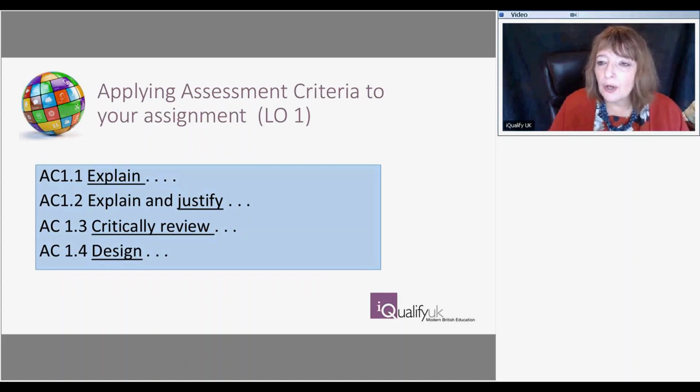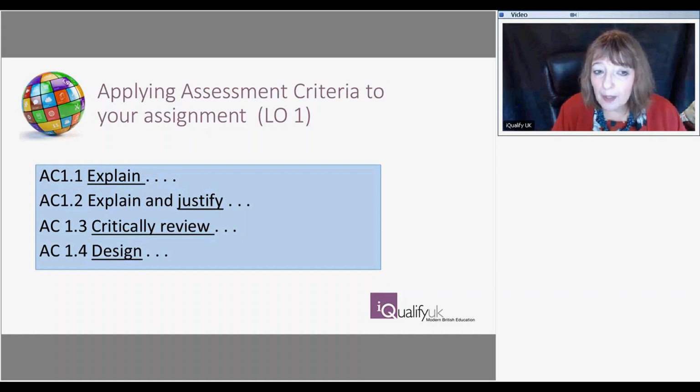Okay, so how are we going to actually use those learning outcomes and the assessment criteria contained within them to apply this to your assignment? Well, the key thing here is looking at what we call the command verbs. The command verbs are the ones that start off every single assessment criterion.